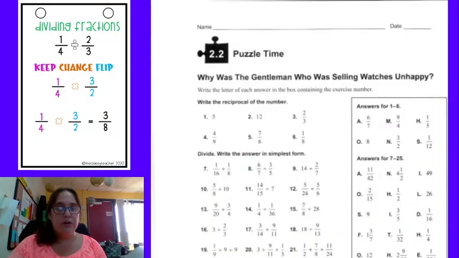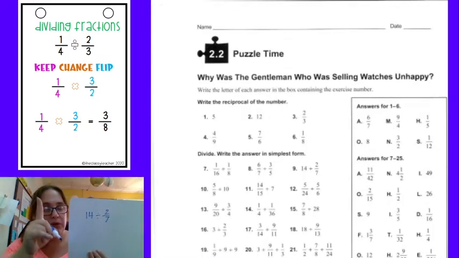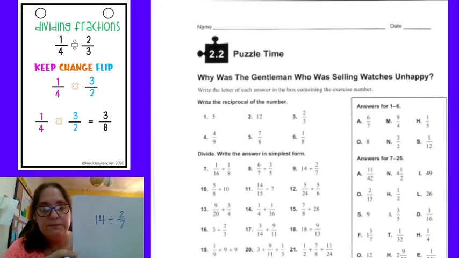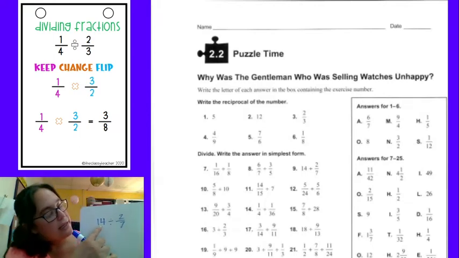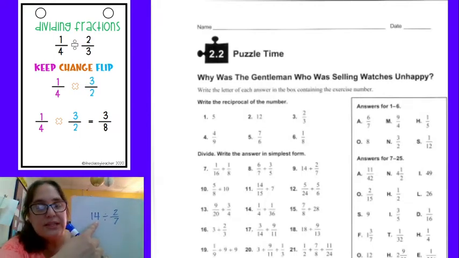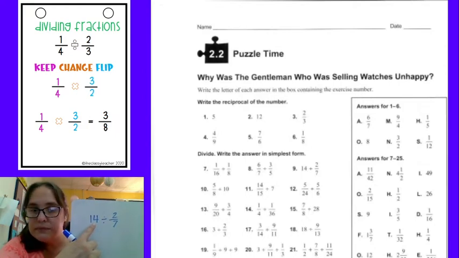Okay, we're ready for number 9. This problem may take you 3 lines to do. Okay, look at your patterns and rules above. Here's why it may take 3. You need to turn this into a fraction first. So this is the same as 14 over, okay.